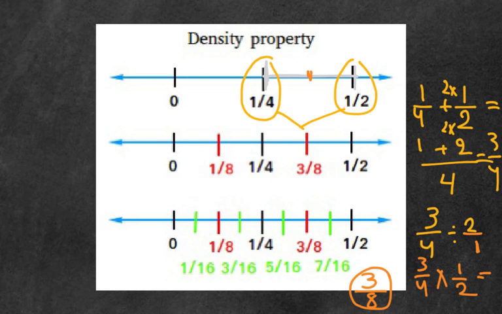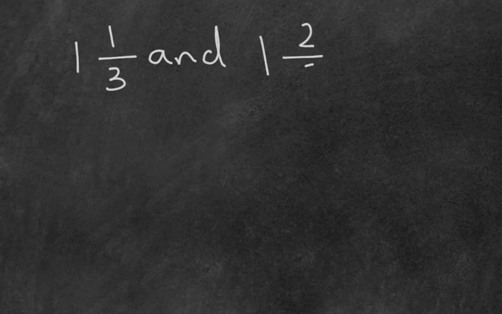So when we want to find a real number between two real numbers, we need to add these two real numbers and then divide by 2. We have this example. We want to find a real number between 1 and 1 over 3 and 1 and 2 over 3.